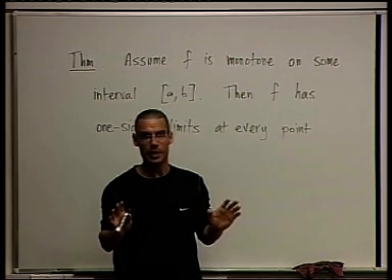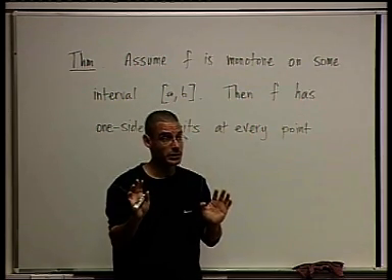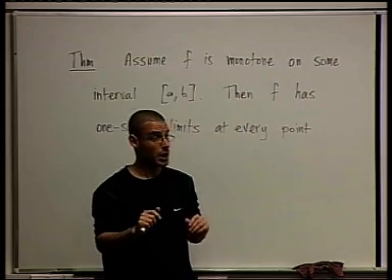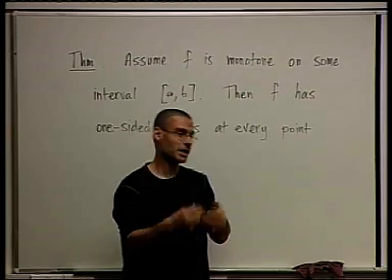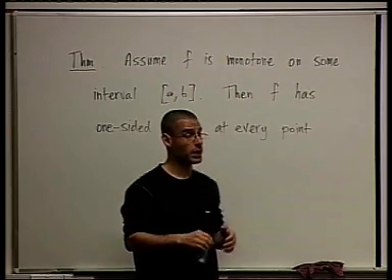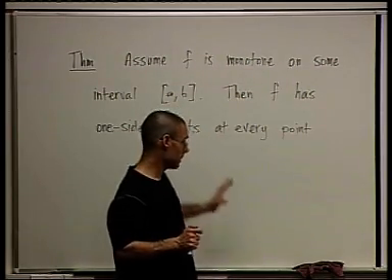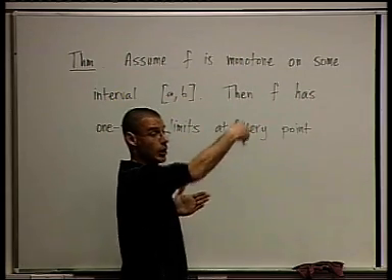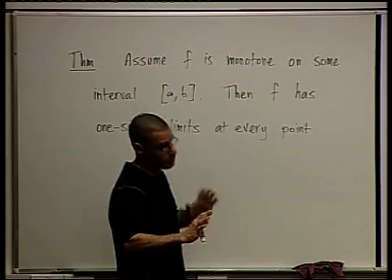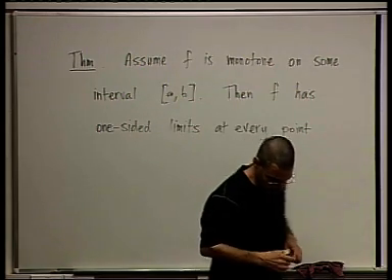How many people followed? Just the idea. Okay, good. If you didn't follow, don't panic. I can explain it again, maybe in the break. But we are going to use this fact: monotone functions always have these one-sided limits, which are not necessarily equal.